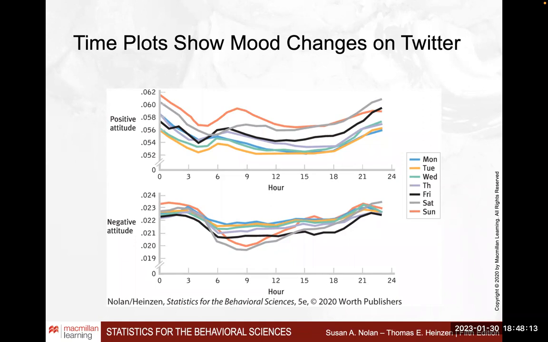And what's interesting to see, because this is where inferential statistics start, is that orange is Sunday. You have here a sudden increase of positive attitudes on Sunday. Generally, Sunday is higher in positive emotion but low on negative emotion because people are not working, right?